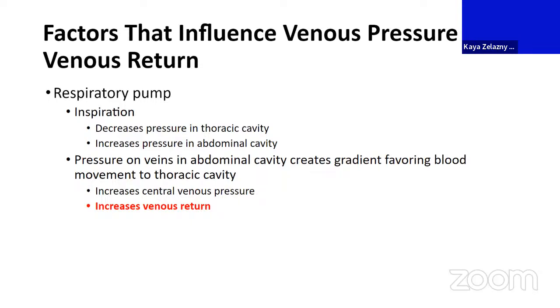So big picture, for our veins to return blood to the heart, we actually kind of need movement to help us along because we have this kind of overall lowish pressure system.